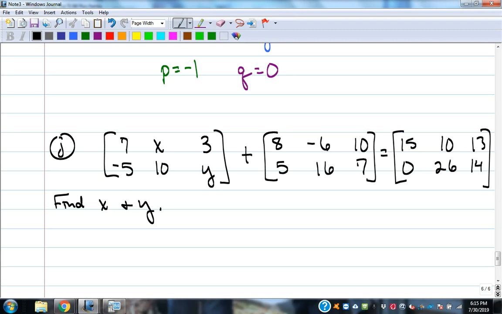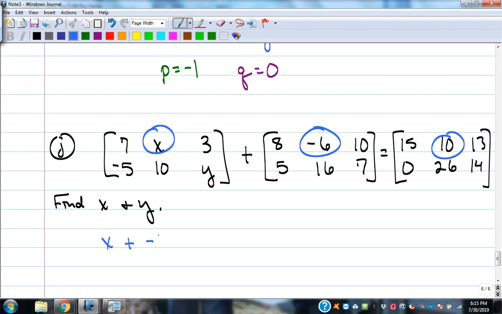Okay. So X is right here in the middle. What part of this second matrix goes with X? The -6, and on the third matrix, it's the 10. We look at our equation, we've got nothing in front, so that's just going to be plain X plus -6 is equal to 10.